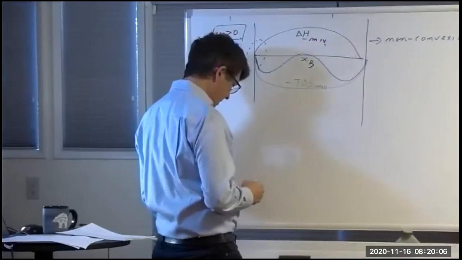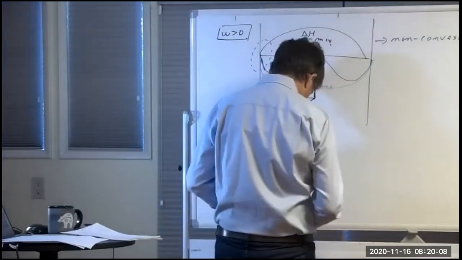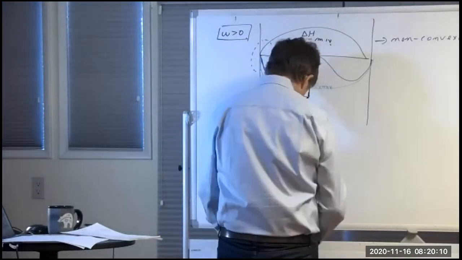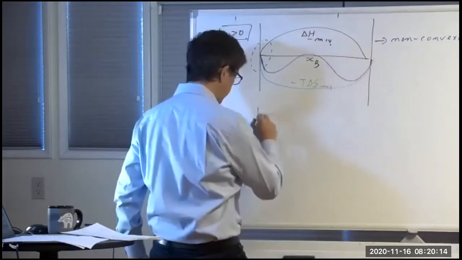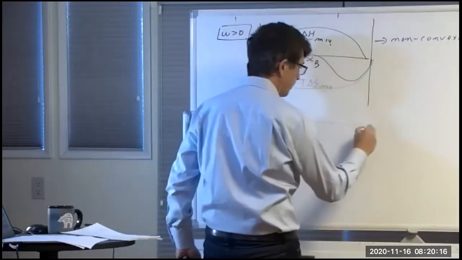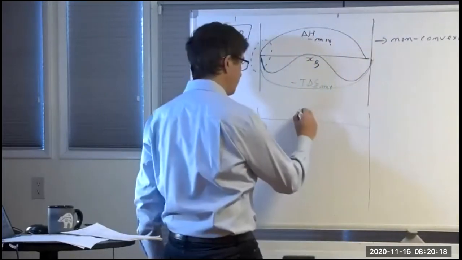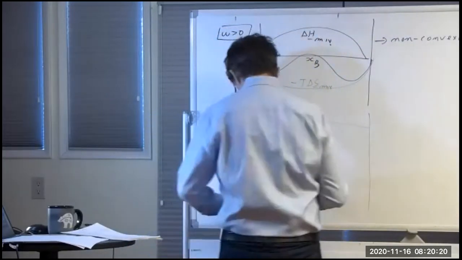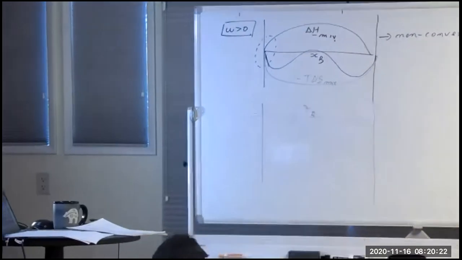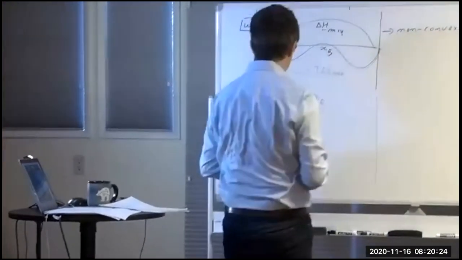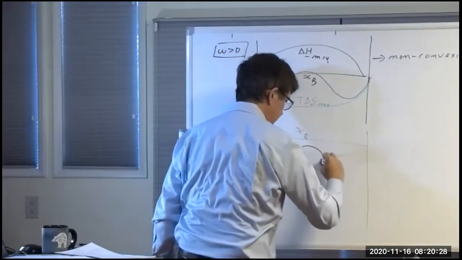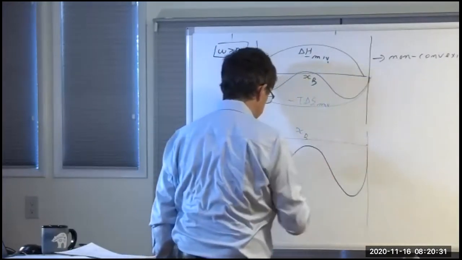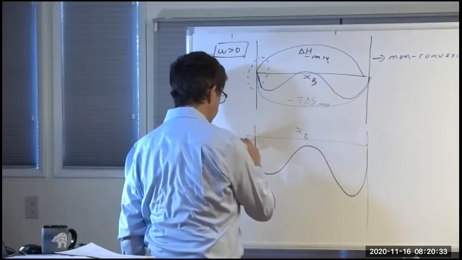Let me pick that up here. We went through that in part, but because it's so important, let me do this again. So when you have a free energy curve that looks like this, this is delta G of mixing.